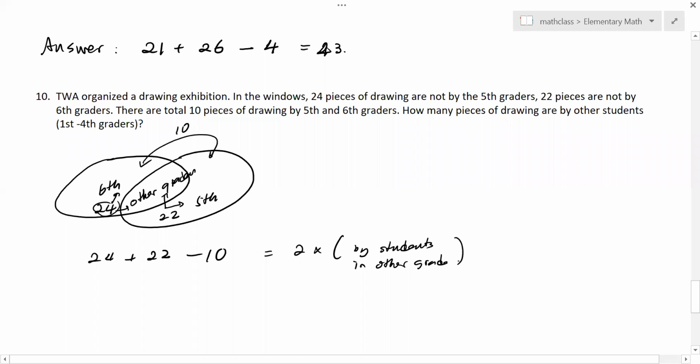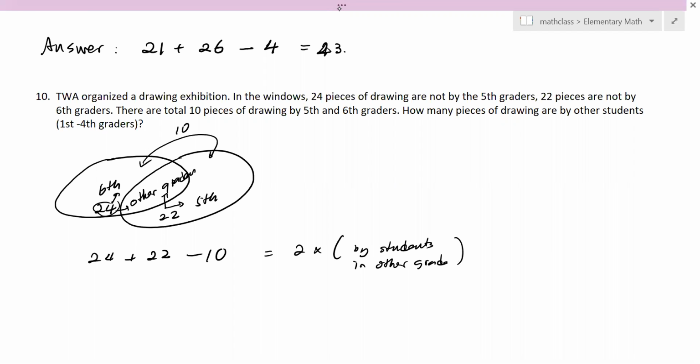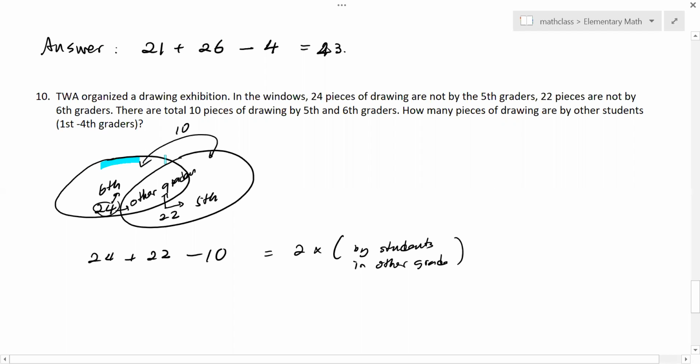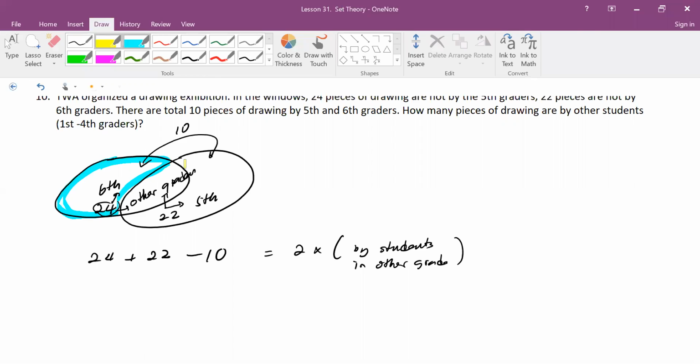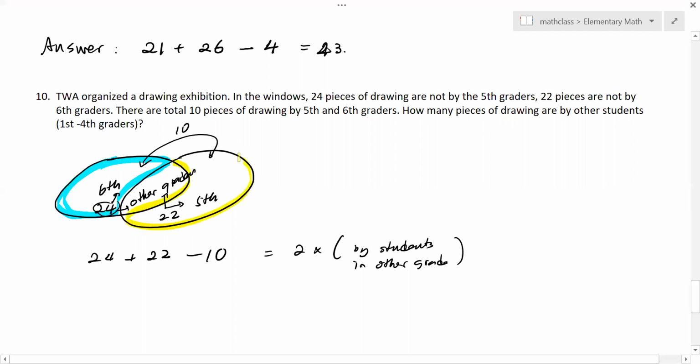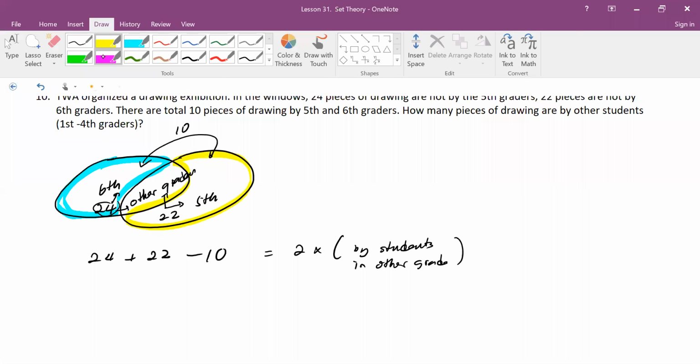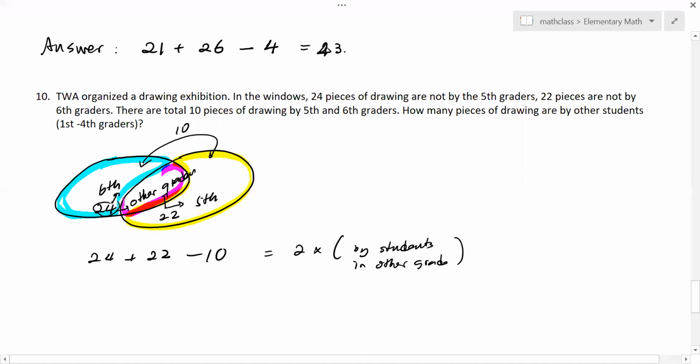Think about the picture here. This is sixth grade, and this is fifth grade, and in the middle are the students from first grade to fourth grade.